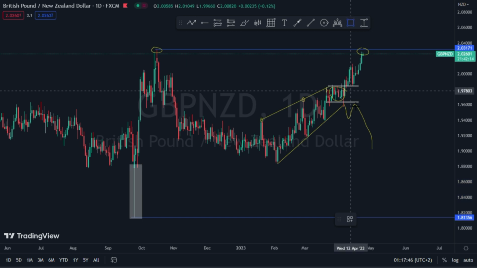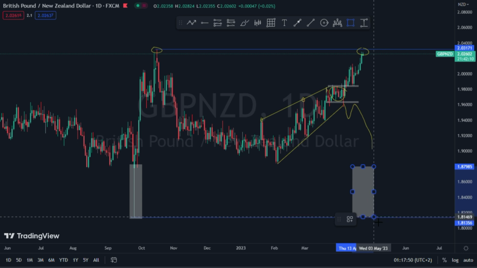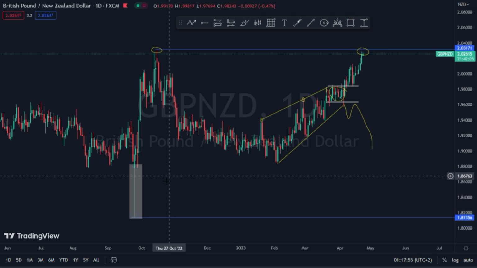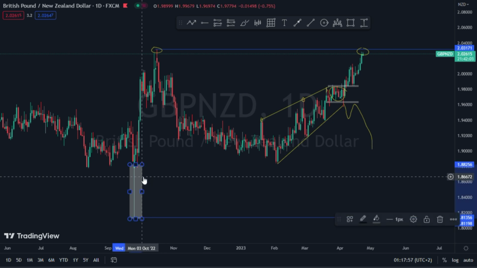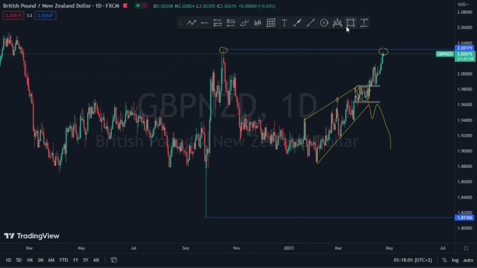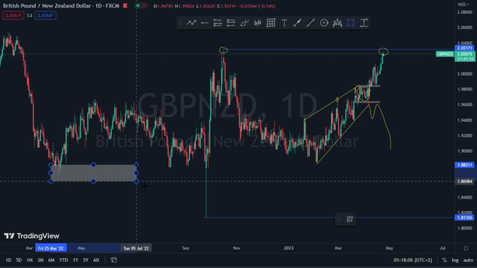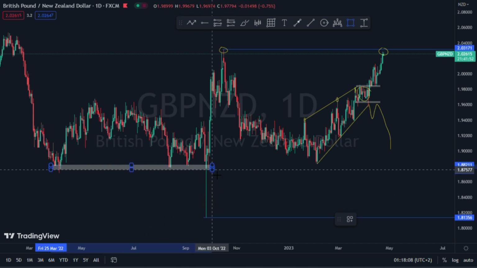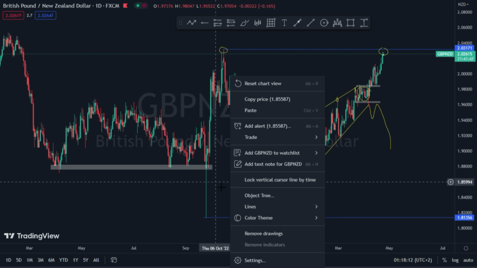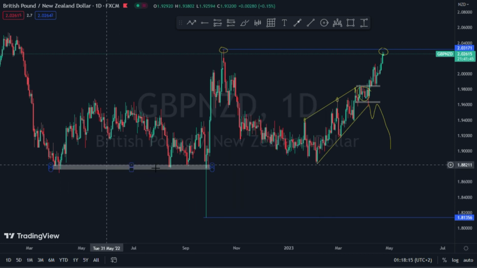If we look at the closing of this candlestick rejection, there is an area that the market was respecting, which means this is an area of sensitivity, which means that the market is respecting these areas a lot.